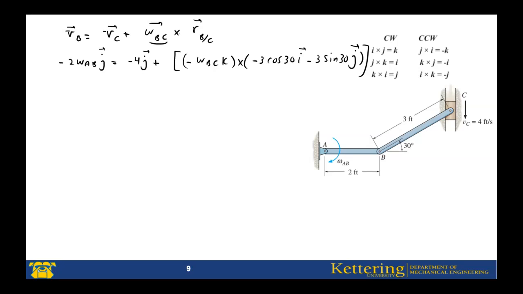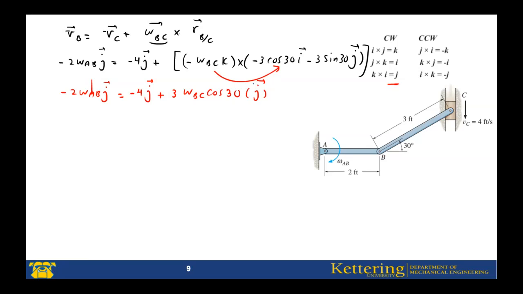Here, again, I write the j component with red color. Then this by this is 3 omega BC cosine 30, k by i is j.